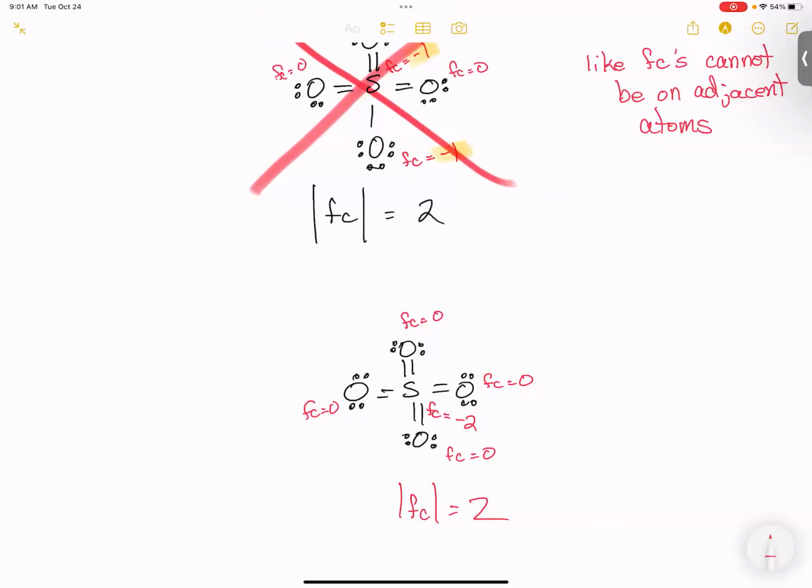Oxygen is more electronegative than sulfur. And if somebody has to have it, somebody needs the negative charge.